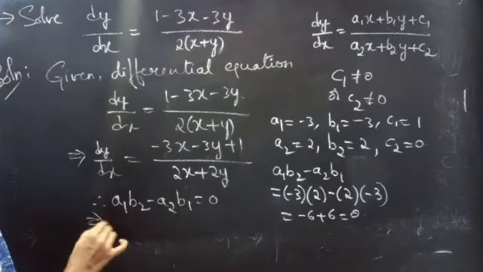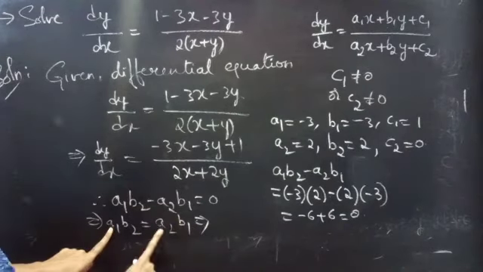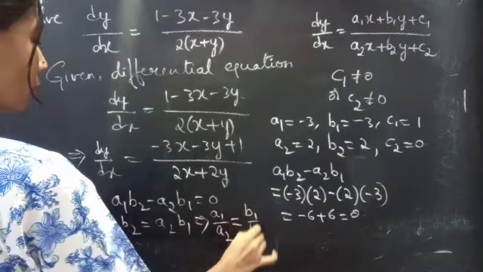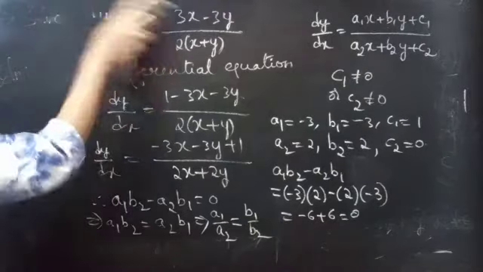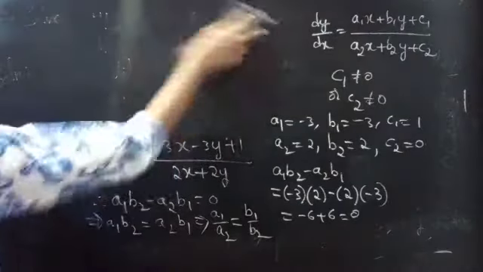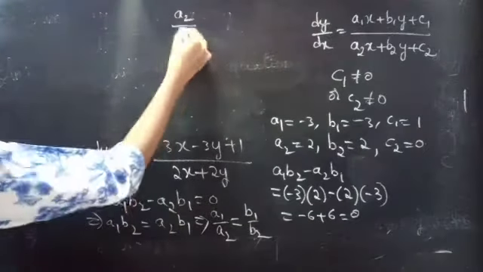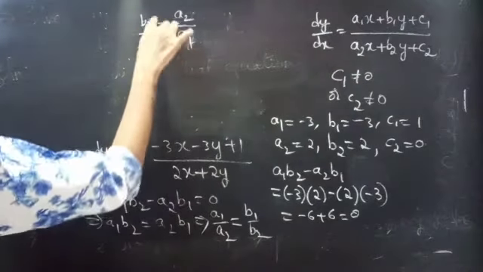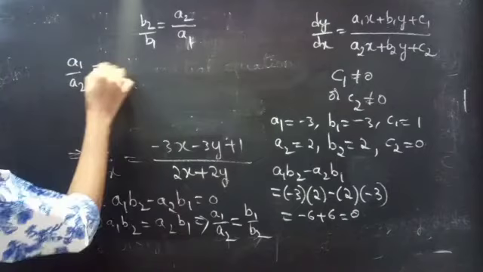So from this we'll get a1 b2 equals a2 b1, then a1 by a2 equals b1 by b2, or a2 by a1 equals b2 by b1.